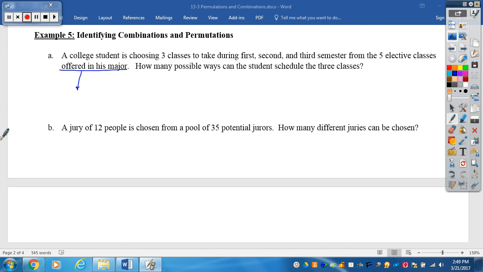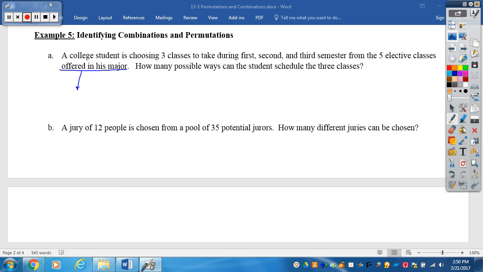And so when we look at this, the order is important. So I'm going to say that this is a combination. Classes in one's major have an order that must be followed.